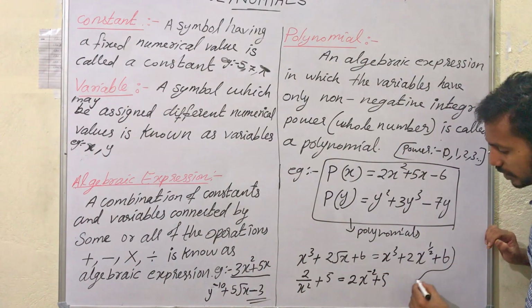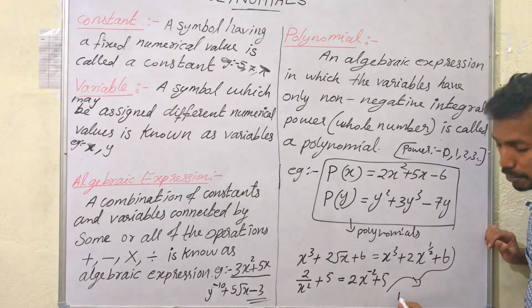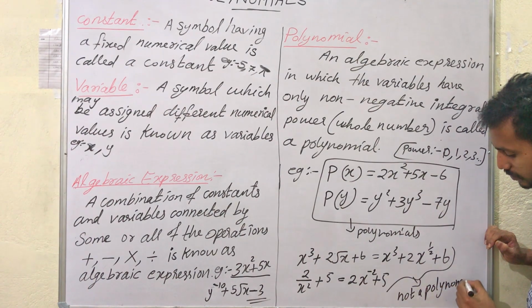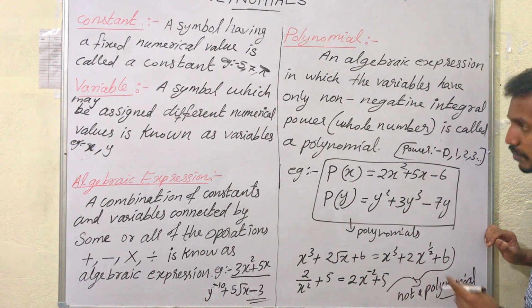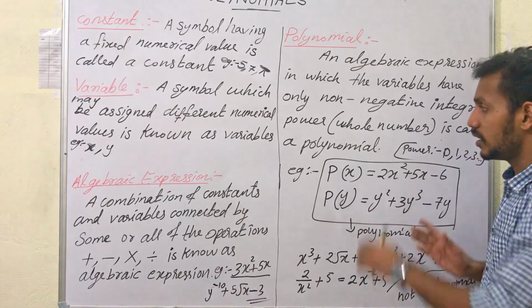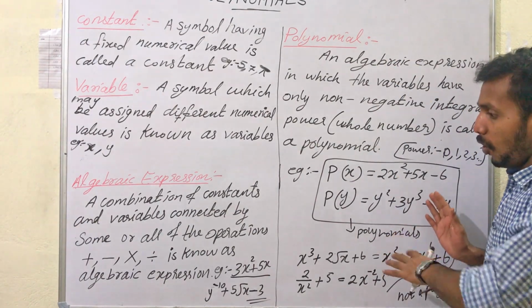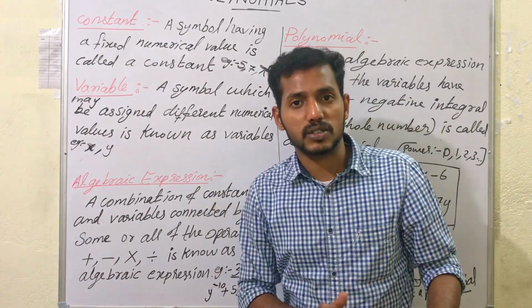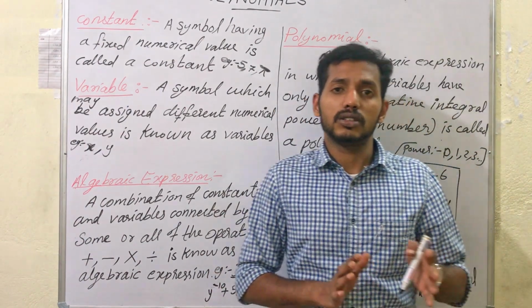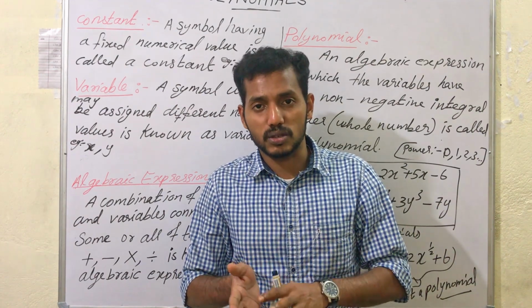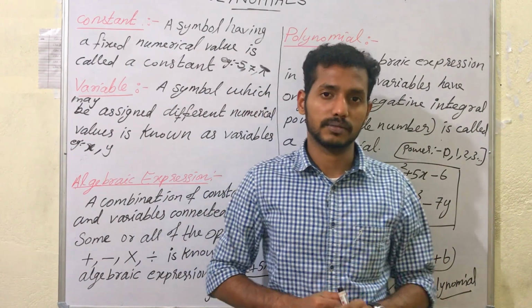So these two are not polynomials. So this is the basic thing you have to remember about polynomials. That means all the polynomials are algebraic expressions, but not necessarily that all the algebraic expressions should be a polynomial.